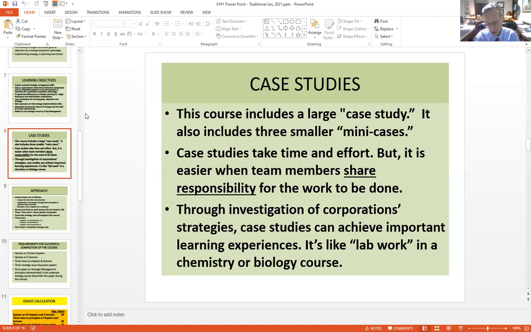Not in that sequence, I might add, but each one of these cases has a little different emphasis or perspective that will enable us to look at the issues that come up in their specific situations.